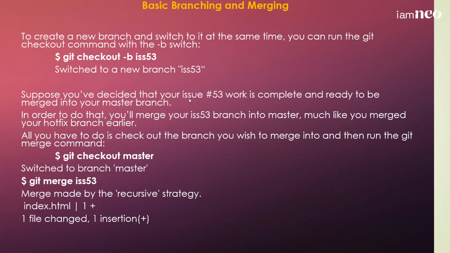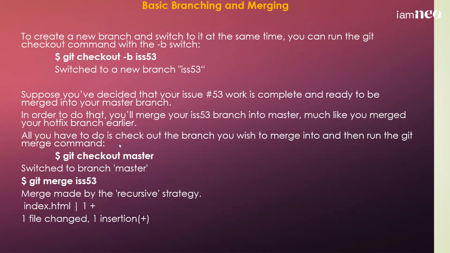Suppose you have decided that your issue 53 work is complete and ready to be merged into your master branch. You have moved into the issue 53 branch, you have modified a file, and you want this modification to be visible to the master branch.